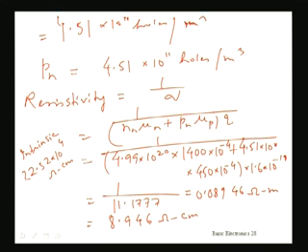If I find out how much ratio it has brought it down, dividing the intrinsic value by 8.946 ohm centimeter, then I find that the resistivity of the material after doping has been brought down by 25,173.26 times.